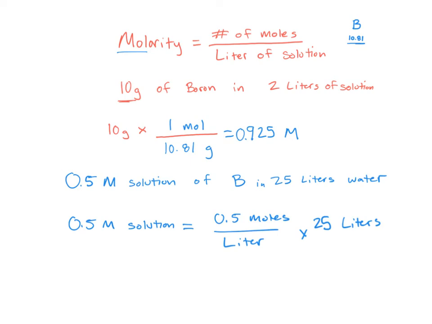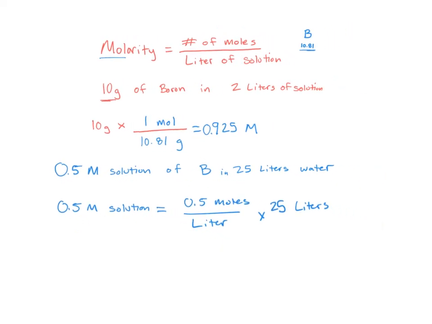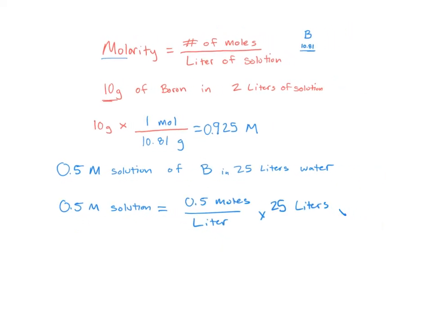And we want to also know the grams. So we know 1 mole of boron is 10.81 grams. So when we do this, we can cancel our moles here and cancel our liters there.